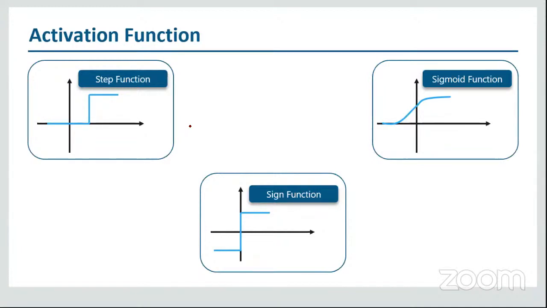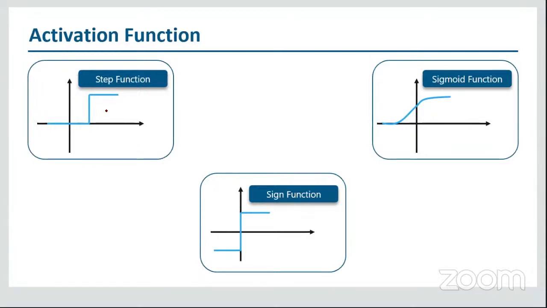A sigmoid function is also between 0 and 1, but an S-shaped function. So these are the various activation functions. Anybody who has already seen some neural network algorithms knows you have ReLU activation, sigmoid activation, step activation, sine activation. These are all the activation functions which we leverage in the neural network before they can influence an output.